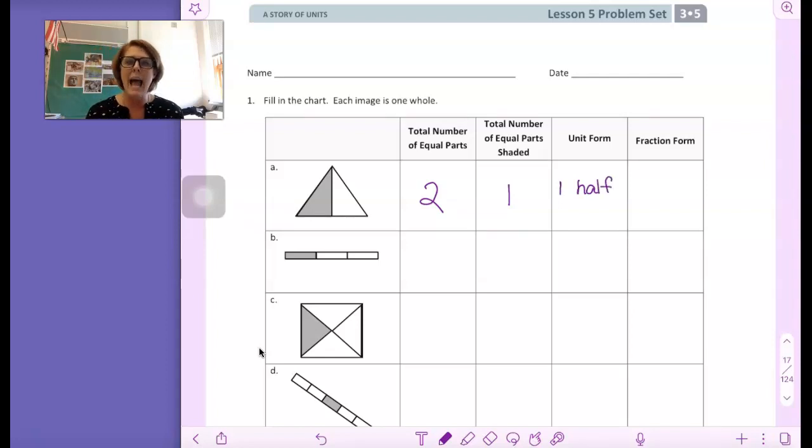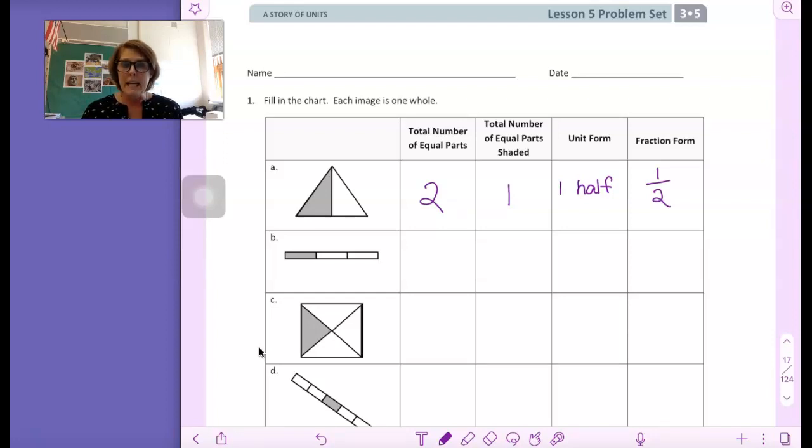That would be 1/2. 1 part of 2 is a half. And fraction form, the number form of that, looks like that. 1/2. Up top, we put the number of equal parts we're talking about. And in the bottom number, the denominator, we put how many total parts we have.